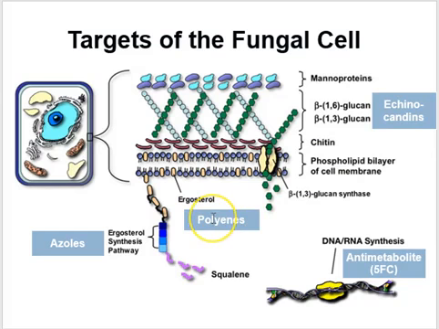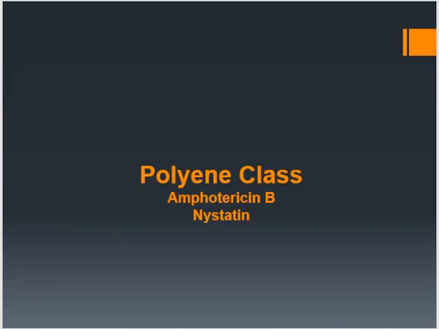Polyenes, such as amphotericin B, can inhibit ergosterol synthesis. Azoles also inhibit ergosterol synthesis through a different mechanism. And then, of course, anti-metabolic type drugs, such as 5-FC, can inhibit the production of DNA or RNA synthesis.